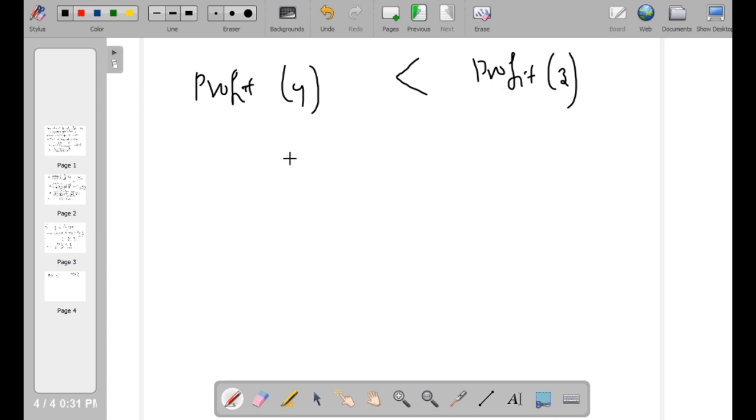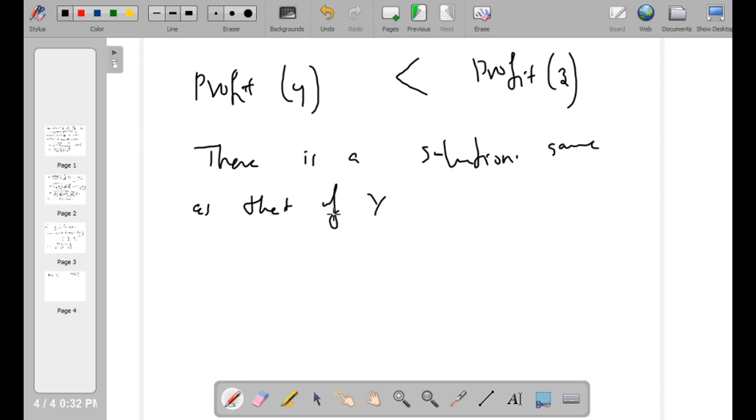That means there is a solution same as that of Y, but with greater profit.